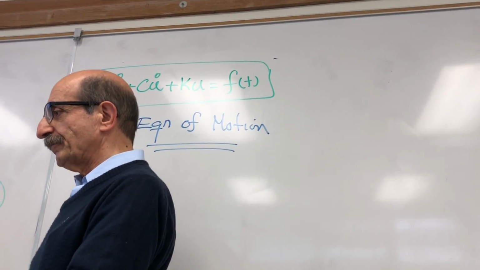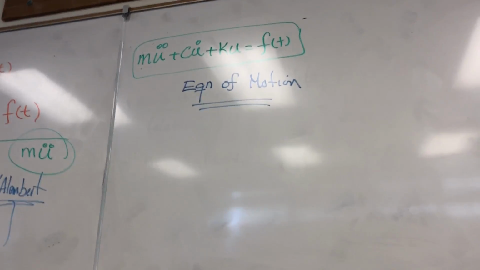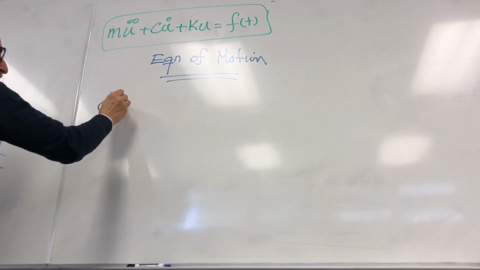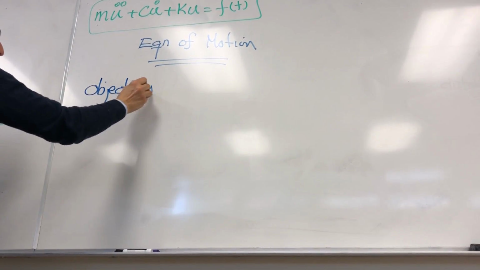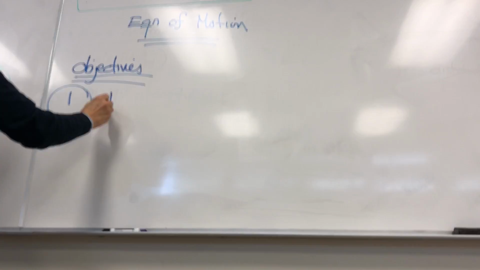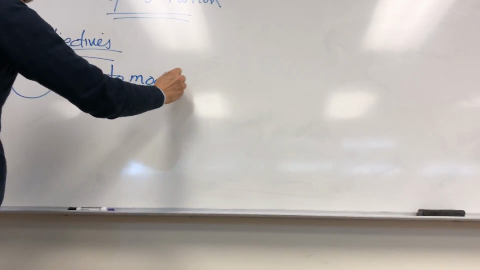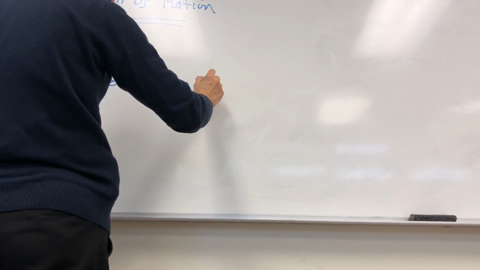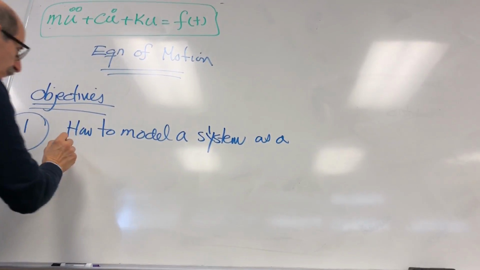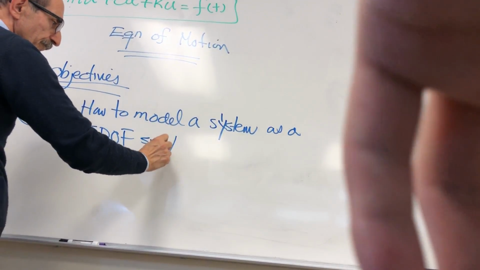First, we spend a few weeks addressing the first one. So, tasks or objectives. Objective number one is how to model a system or a structure as a single degree of freedom system.